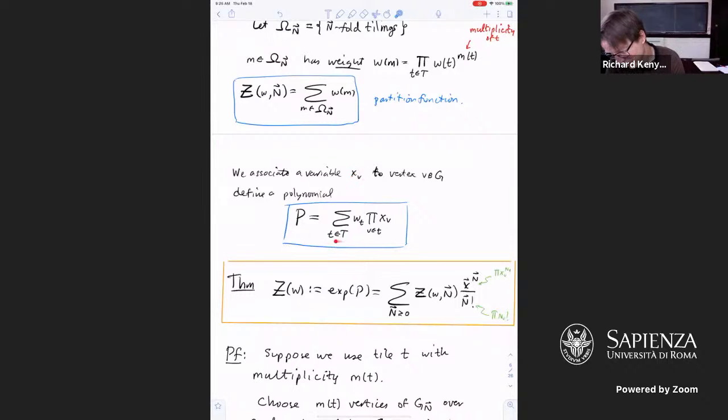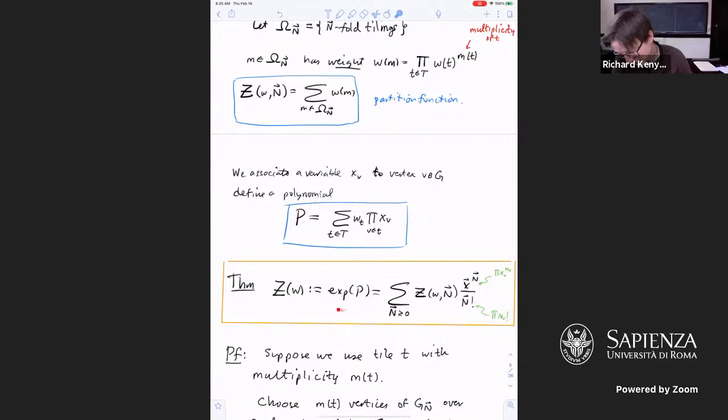It's the sum with one monomial for each tile, and for a given tile we make the product of the vertex variables over the entries of that tile, and then multiply by the weight. So if you like, it's the generating function for the locations of the individual tiles weighted by their weight. Okay, and then the theorem, this is just a simple combinatorics theorem.